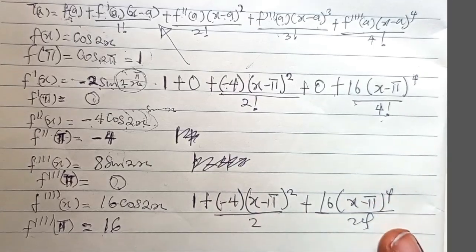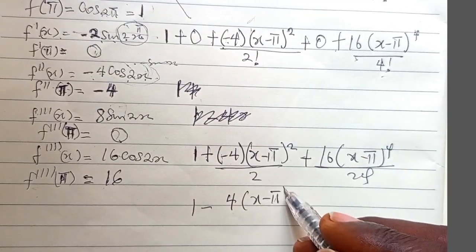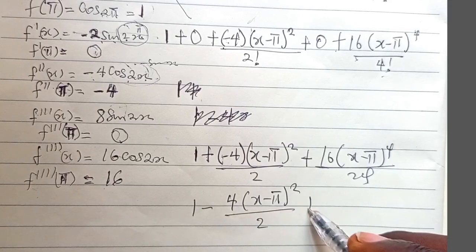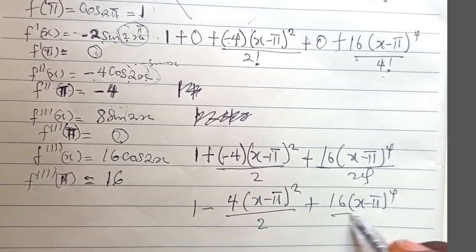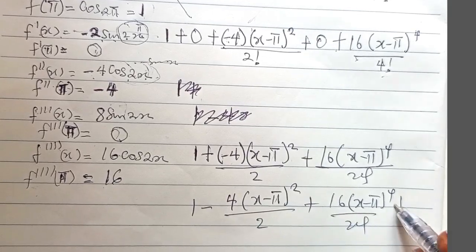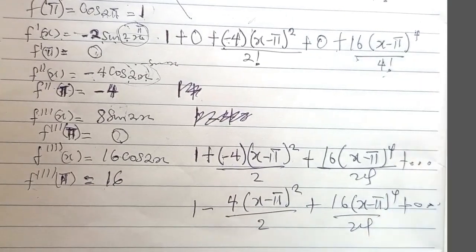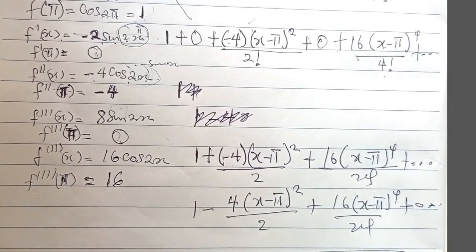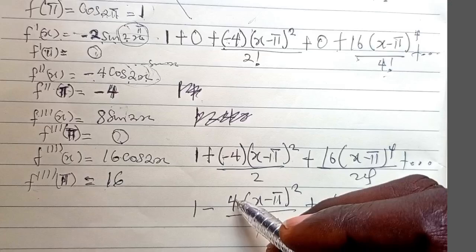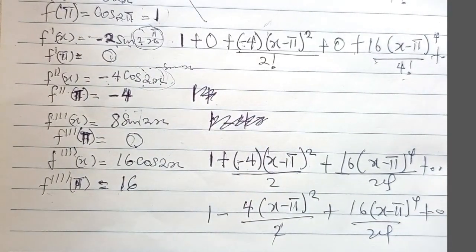So plus and minus is minus. So it continues like that. But these are the first 3 terms, so you can just stop here. So this is the Taylor series expansion. If you want to cut, you can just cut. But this is the final answer.